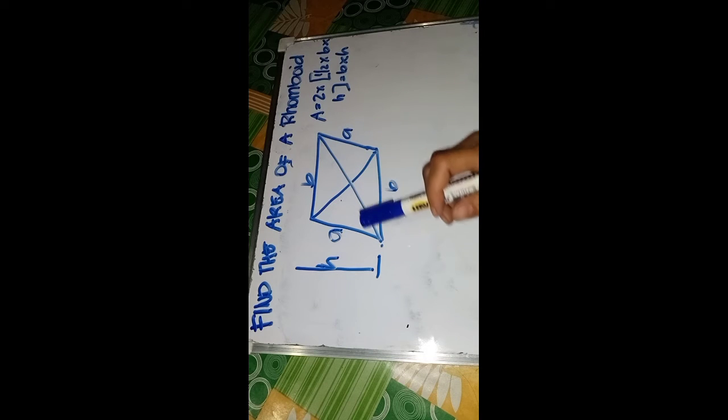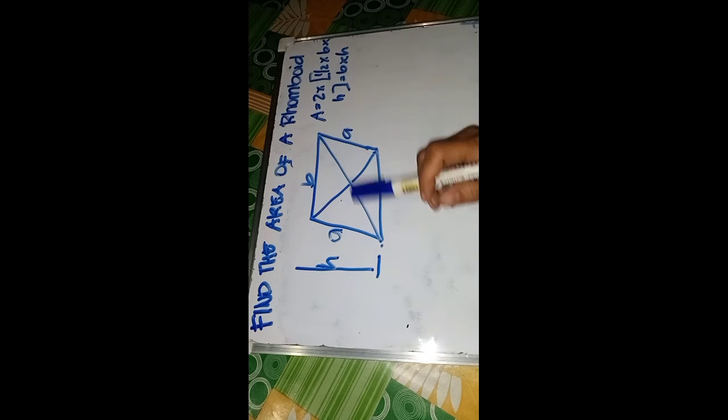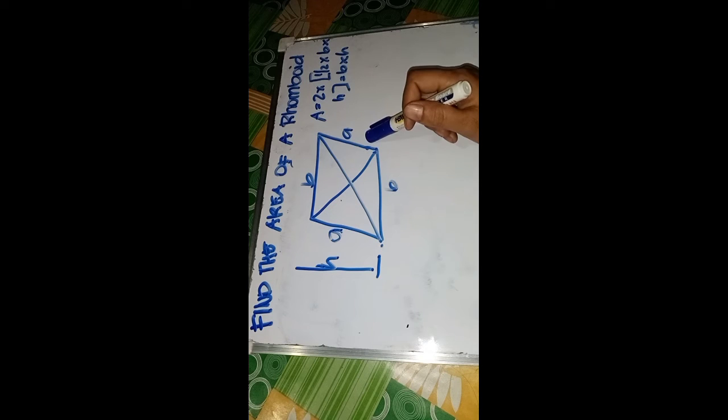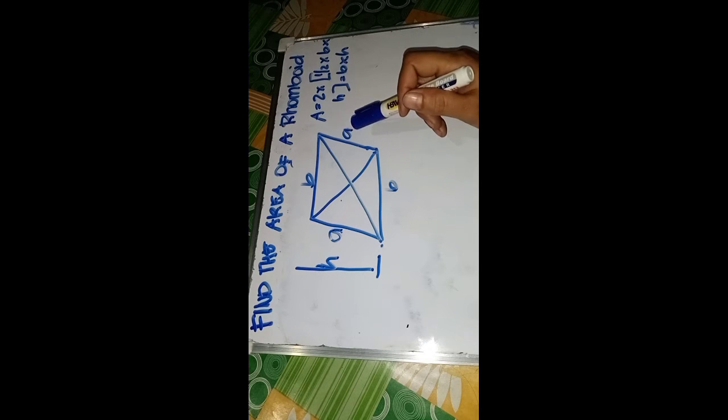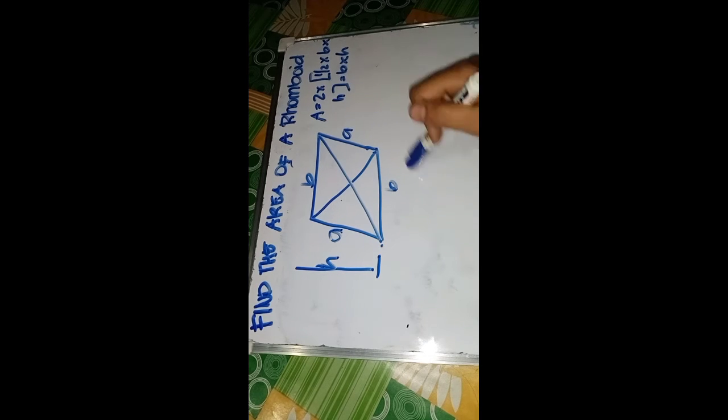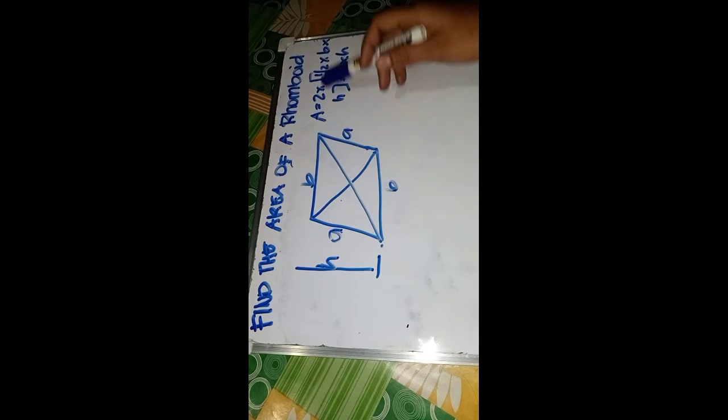Observe the following rhomboid with altitude or height and base B and side A. The formula for a rhomboid is 2 times (1/2 times base times height), which equals base times height.